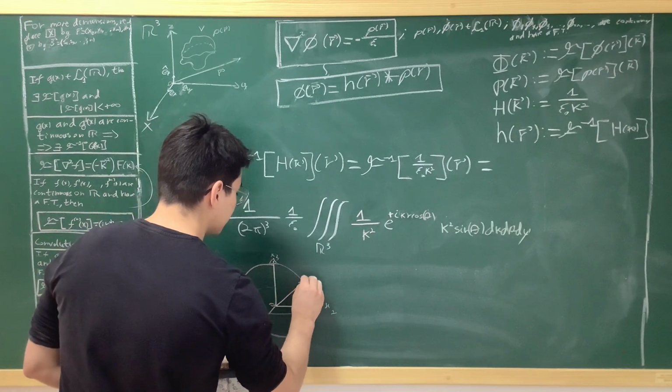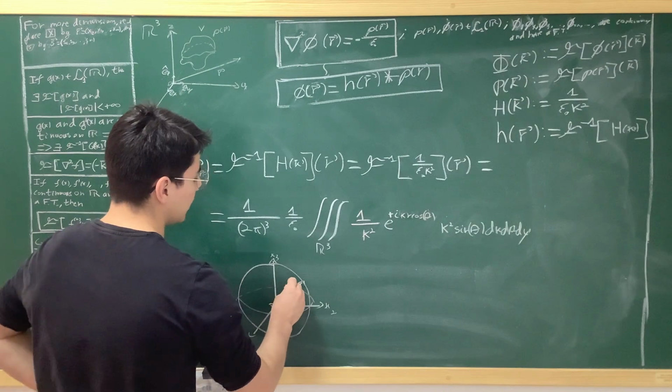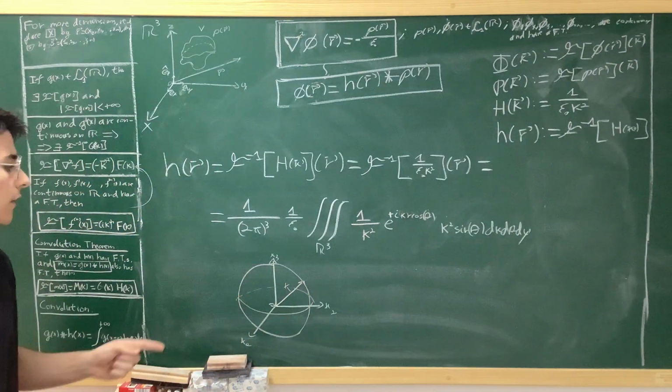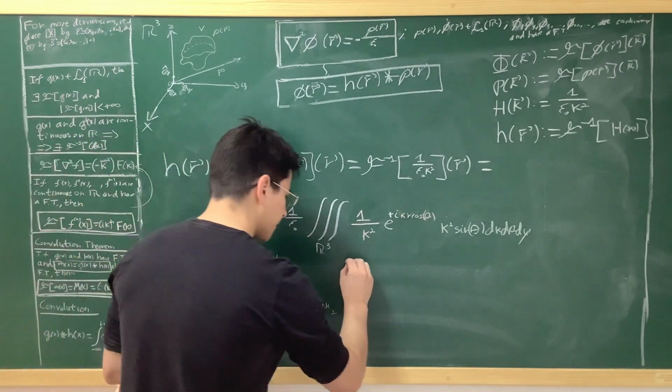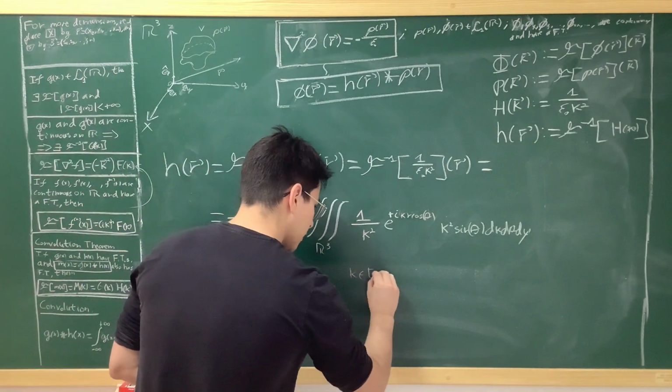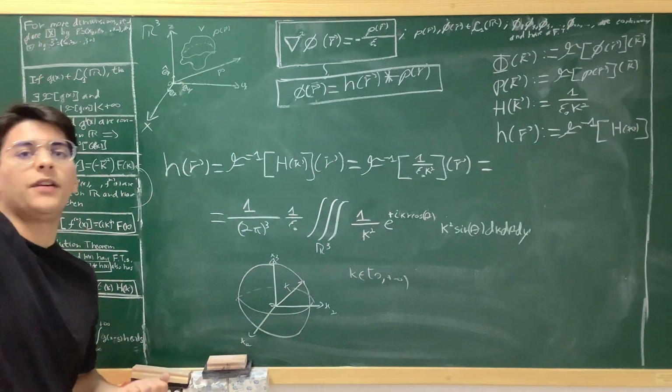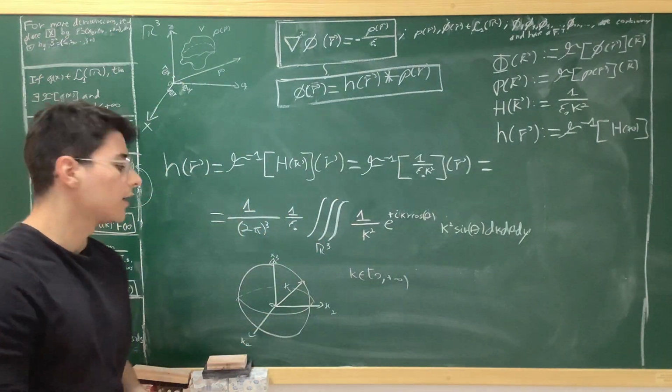So this is the radius, let's just say that is k. So k is going from 0 to positive infinity. Why? Because the radius goes from 0 to infinity, because we have an infinitely large sphere.